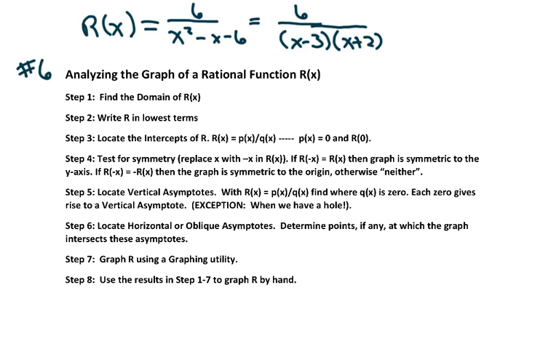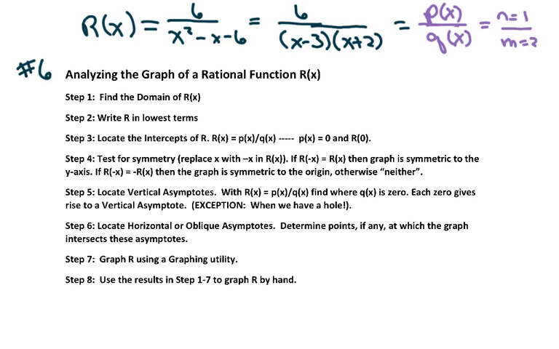Alright, the numerator is p of x. The denominator is going to be q of x. The degree in the numerator is 1, and the degree in the denominator is 2.